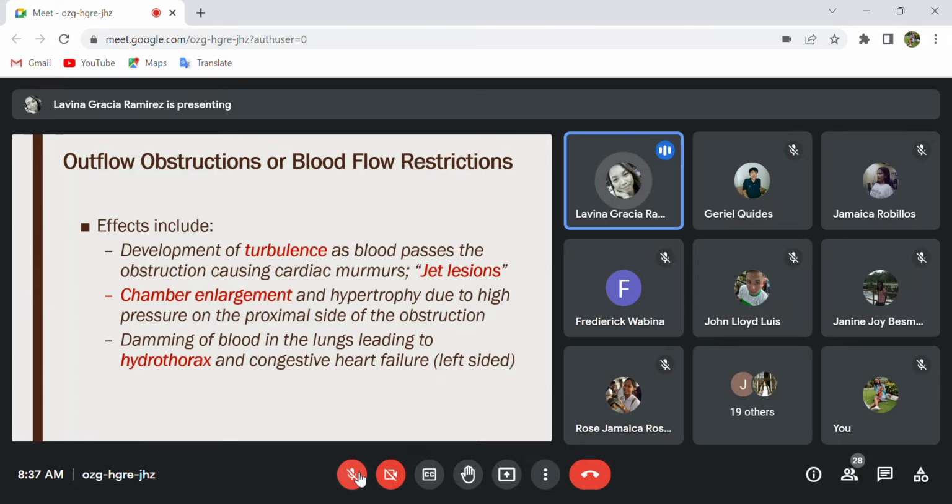Another is chamber enlargement and hypertrophy due to high pressure. I mentioned again the pressure on the proximal side of the obstruction. Since the blood cannot enter because of the pressure, there might be hypertrophy. So there is accumulation of that particular blood on the proximal side.